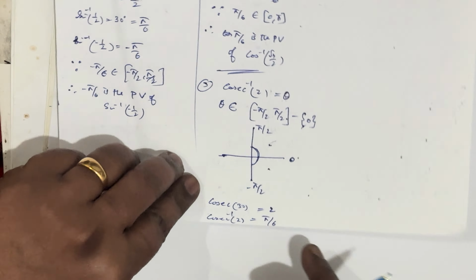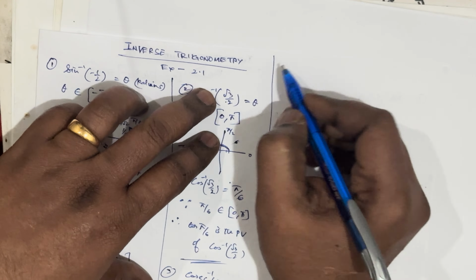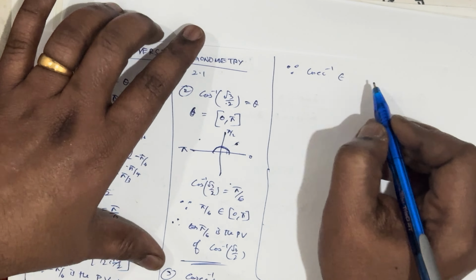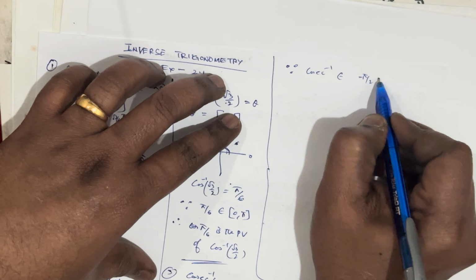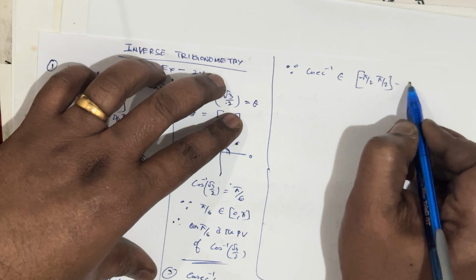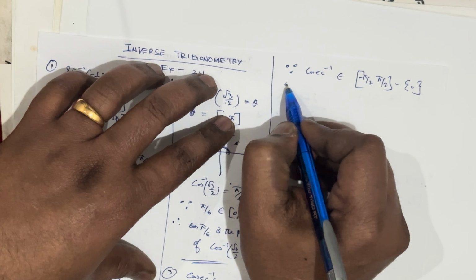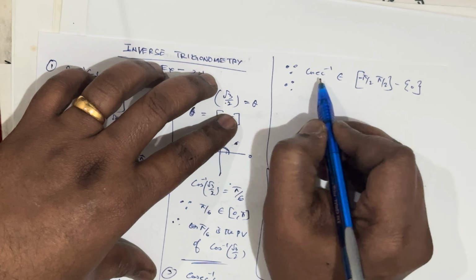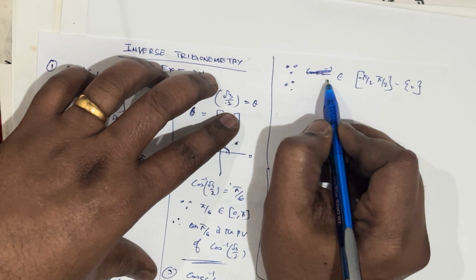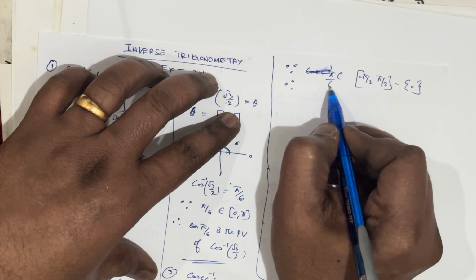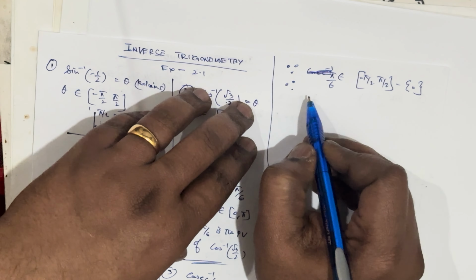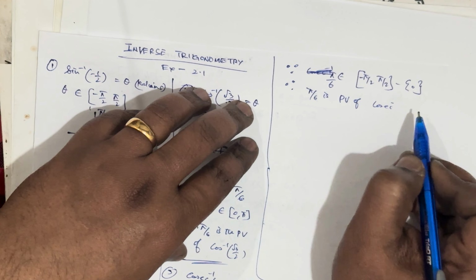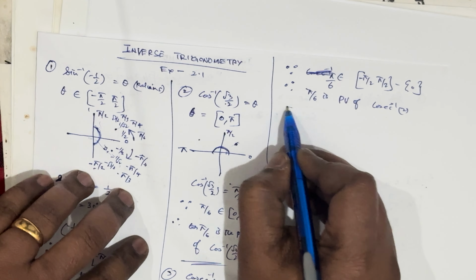Okay, so we can say that cosecant inverse 2 is pi by 6, and again we have to give the reason, since pi by 6 belongs to the range minus pi by 2 to pi by 2 minus 0. Therefore pi by 6 is the principal value of cosecant inverse 2. Okay, that's it.